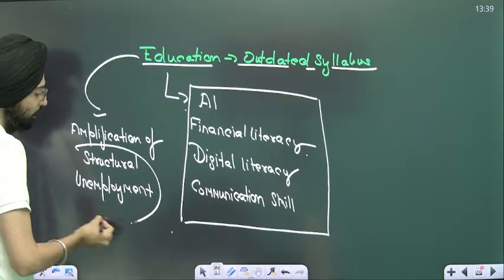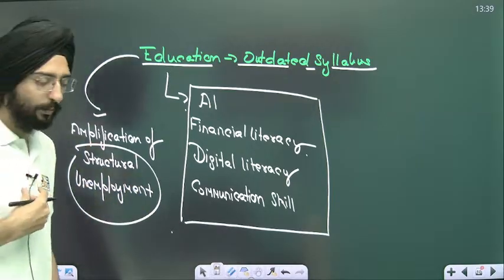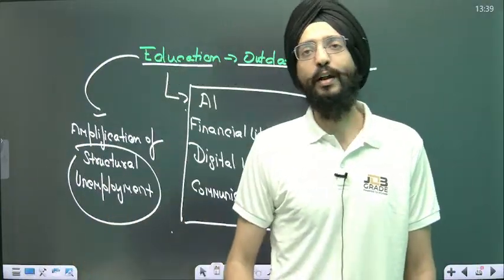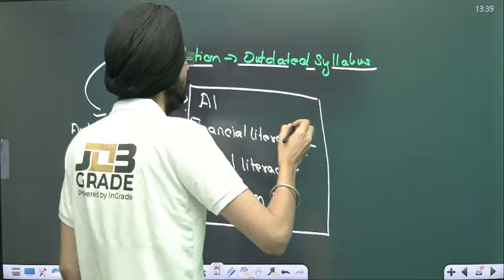And what is structural unemployment? Structural unemployment is nothing but a loss of jobs based on an outdated curriculum or based on the advancement of technologies. Take an example.